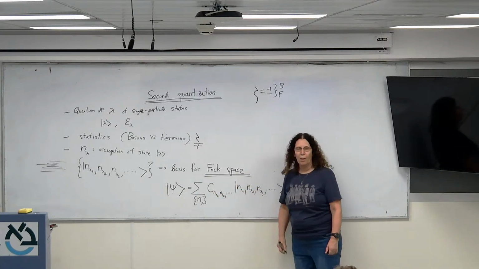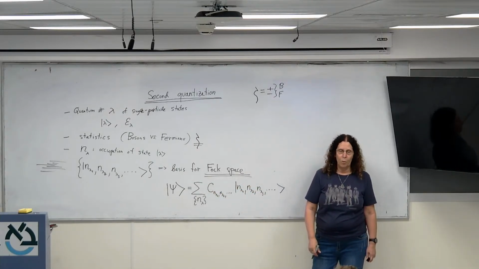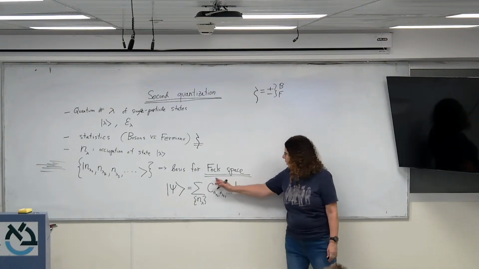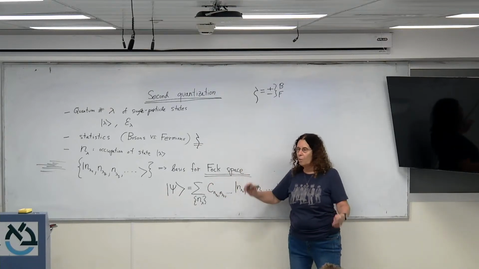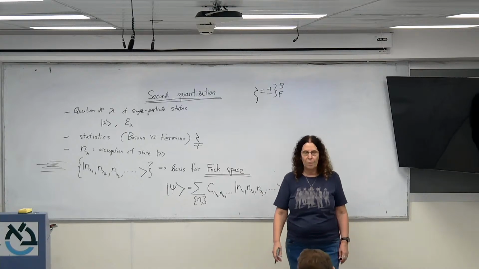This is the most general state you can write. It's just a superposition, and these are some complex numbers, right?